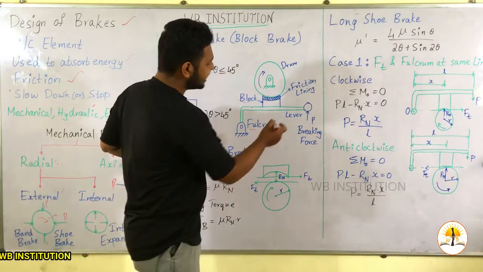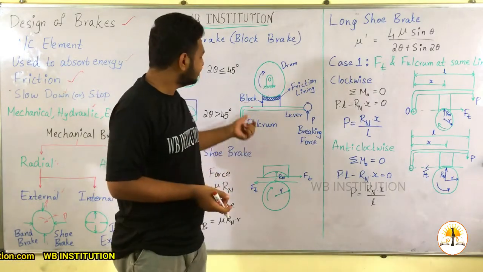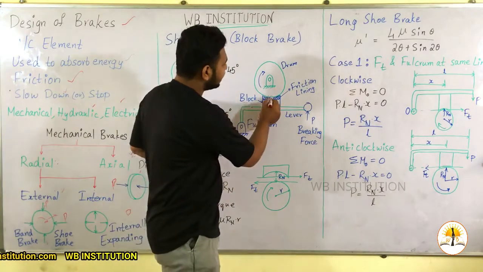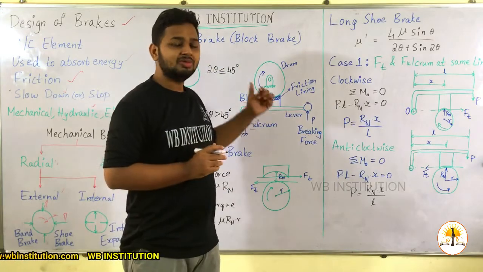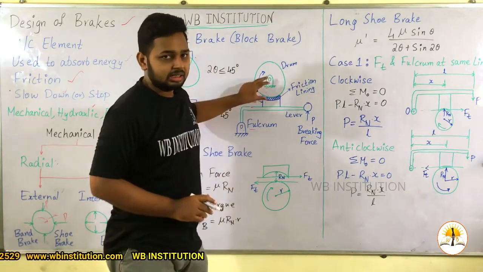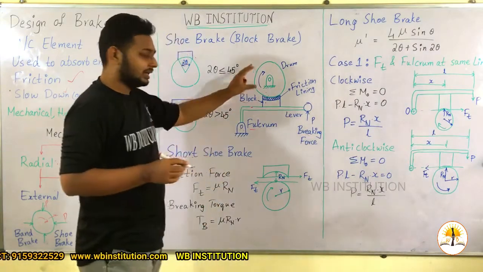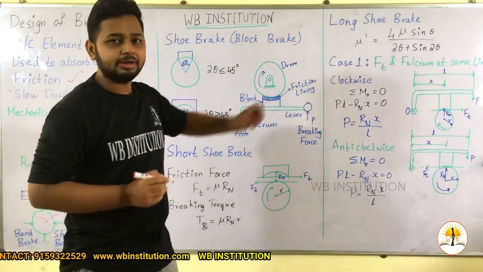When P, that is the braking force, is applied on the lever, this block will get in contact with the drum. Due to the friction between the drum and the block, the rotating movement of the drum will be neglected. So it will get stopped or the speed can be reduced.